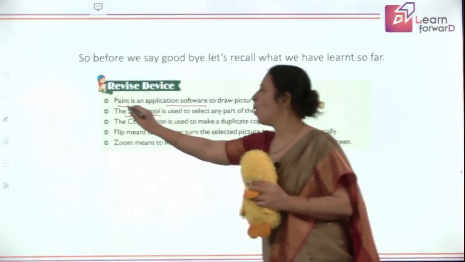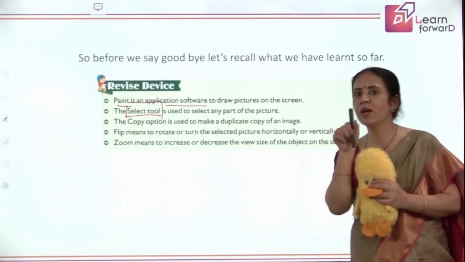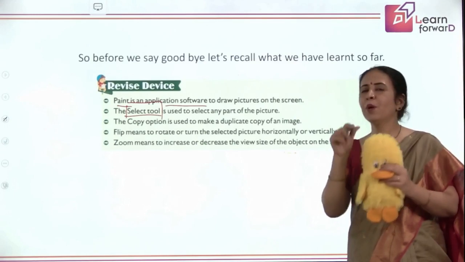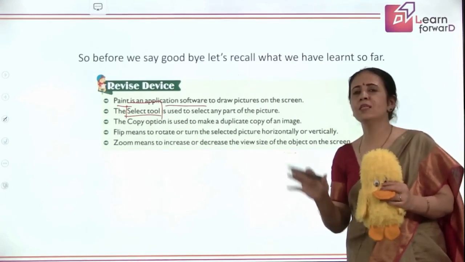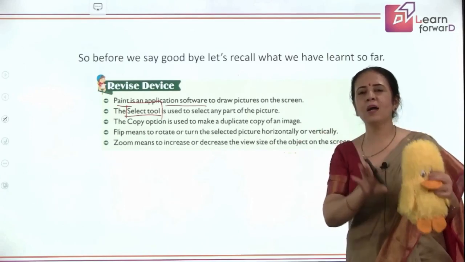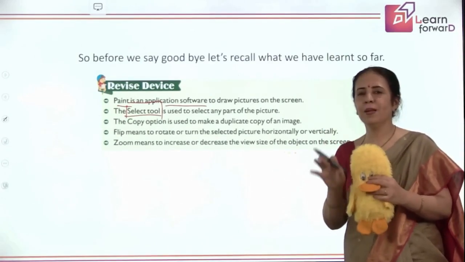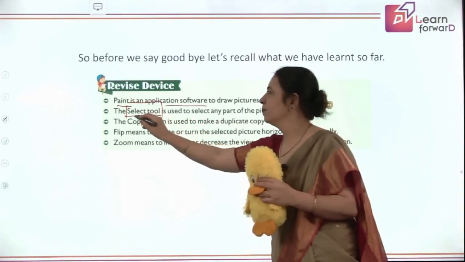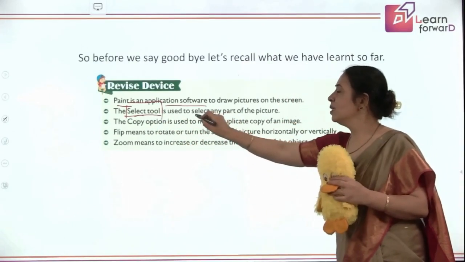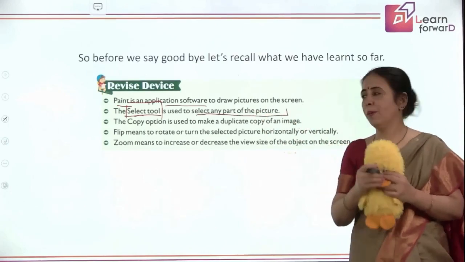First important tool is the selection tool. So don't forget to use selection tool, because anything you need to do is on the object, whether you want to copy, cut, paste, zoom in, zoom out. First thing is to select. So selection tool is used to select any part of the picture.